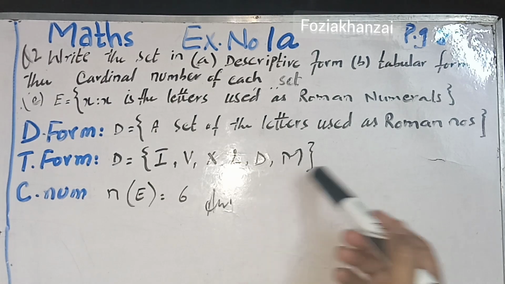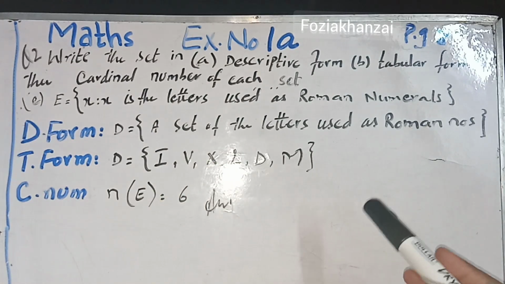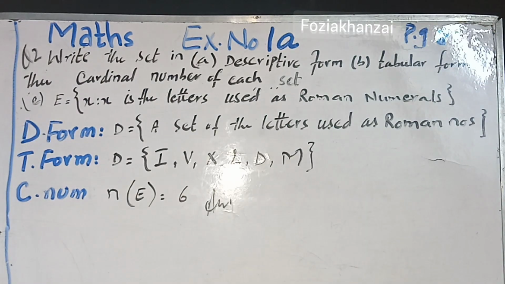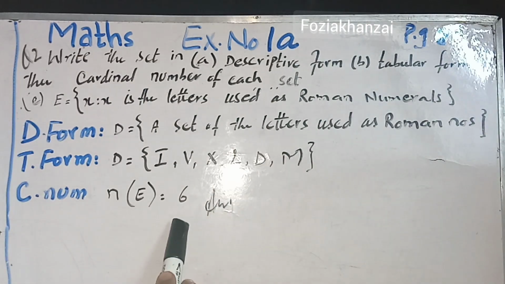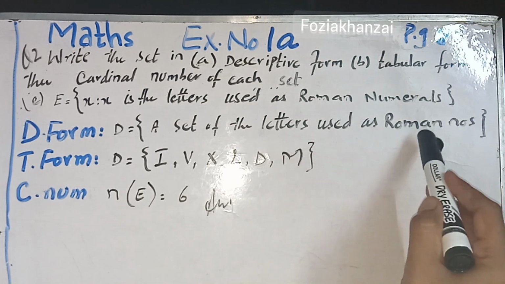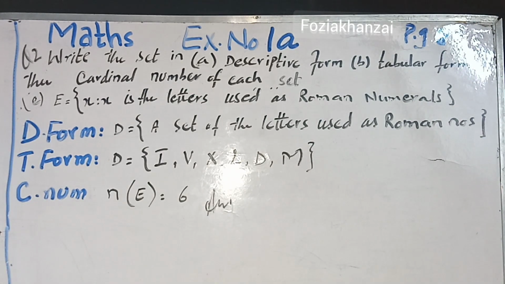We use M, D, L, X, V, I, English letters or alphabets, in Roman numbers. In cardinal number n(E), 1, 2, 3, 4, 5, 6 letters are given, so we write 6 in cardinal number. Done descriptive form, tabular form and cardinal number. Question number 2, done all parts.